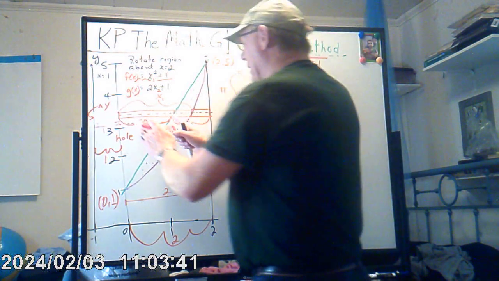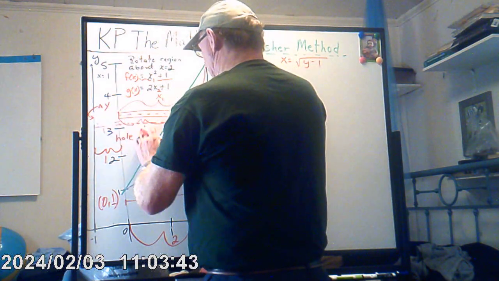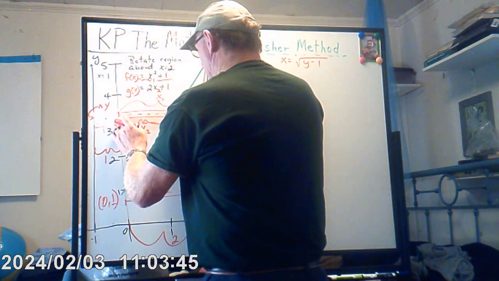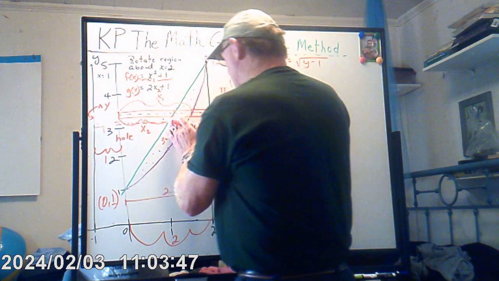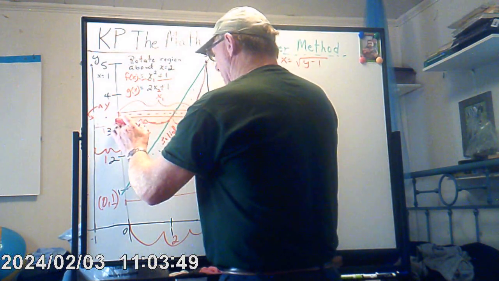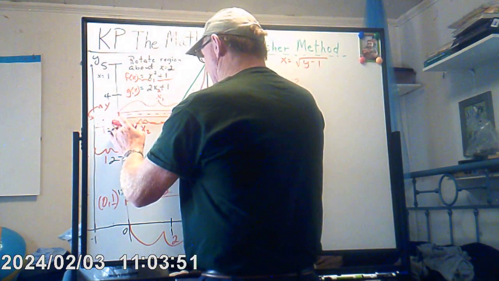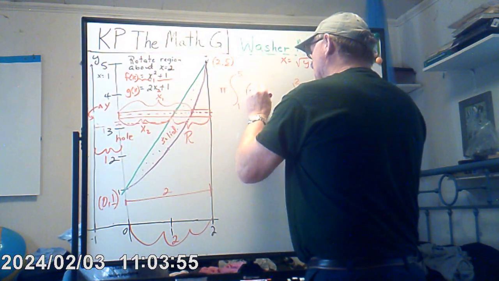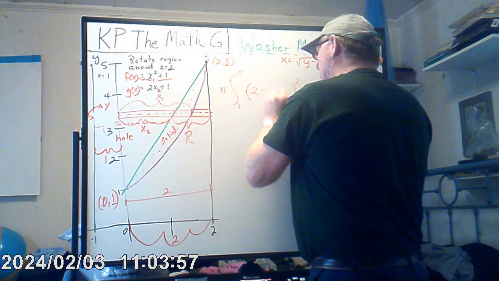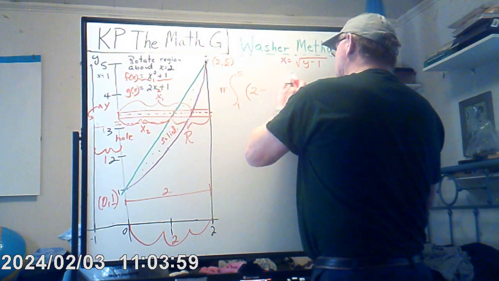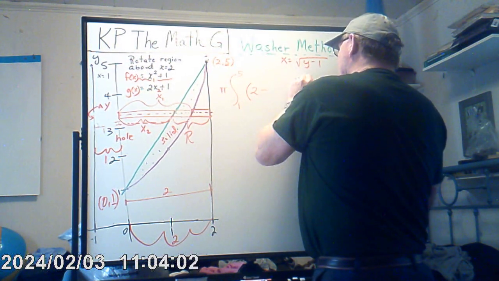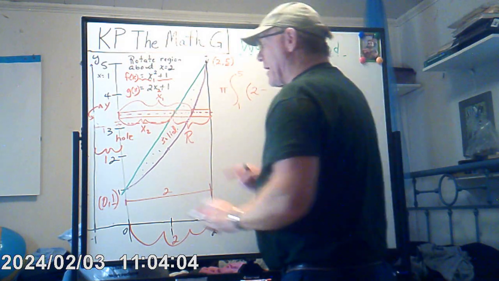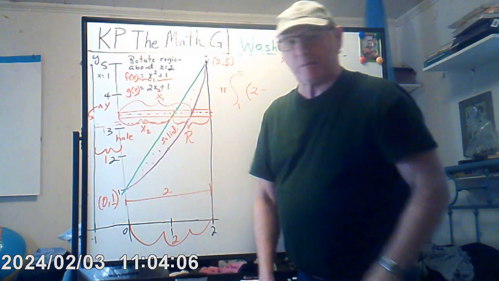I want to subtract off this right here. Alright, I want to take this away. That's going to be my big R. So if I can get this minus this, I've got it. So this distance is 2. 2 minus. I already know that the pattern is going to be 2 minus. The whole thing is 2.